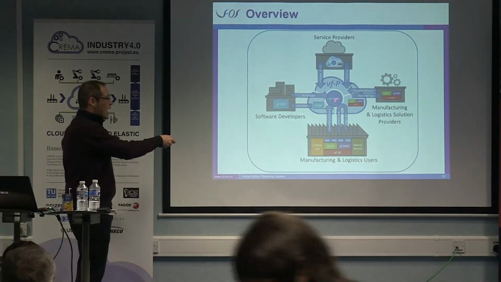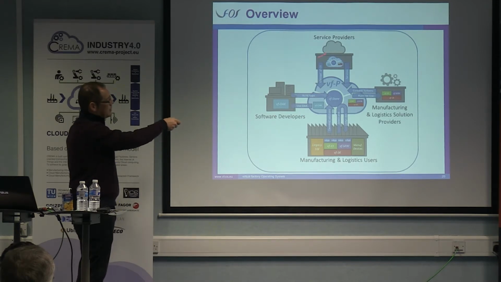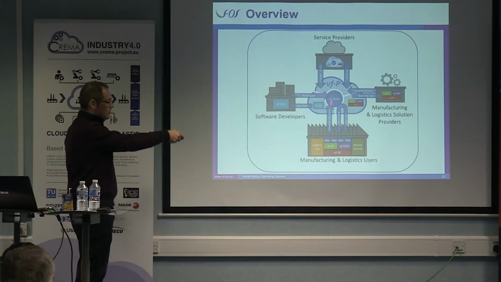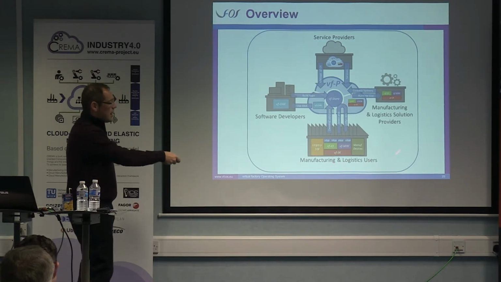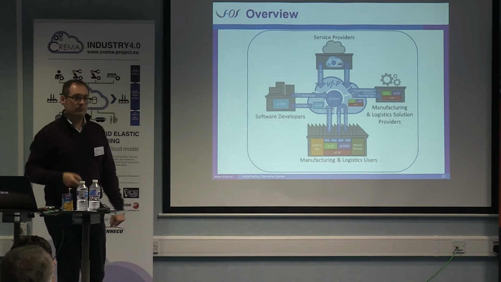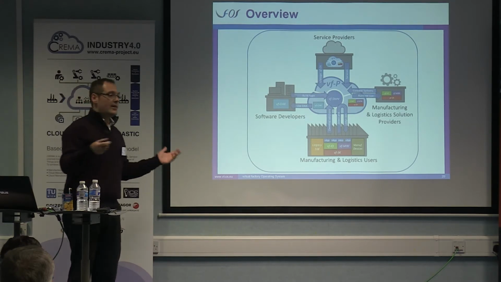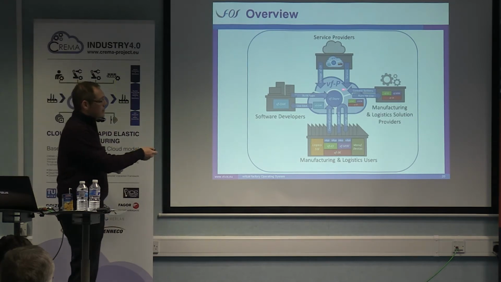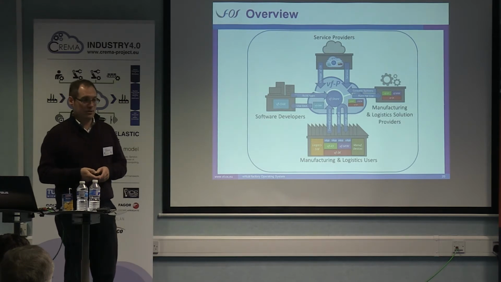Here, all the apps developed by software developers, service providers, or manufacturing and logistics solution providers are published for the manufacturing and logistics users, who may have an in-house deployment of BFOS, so they have the guarantee that their data will stay in their house, or we also have the possibility of executing this in an on-cloud environment through other service providers, really similar to Amazon Web Services or Azure.